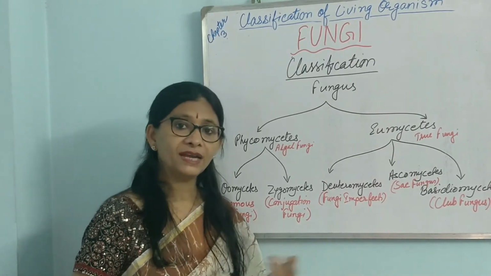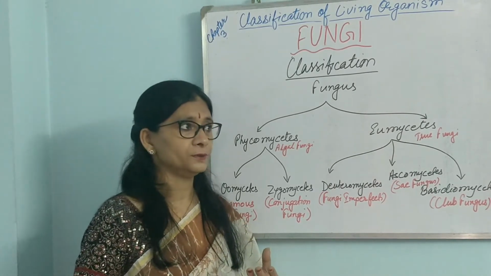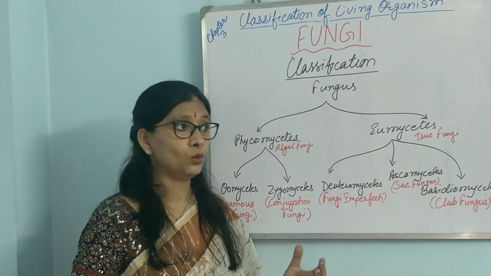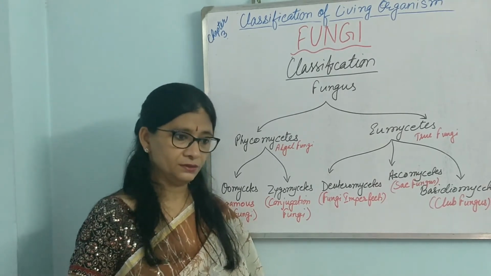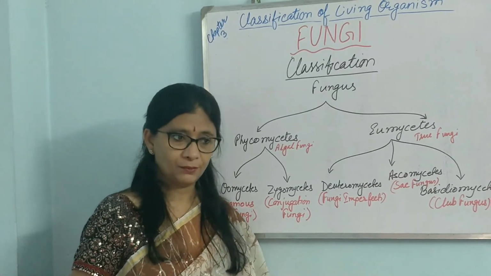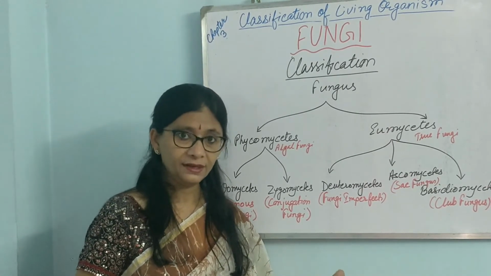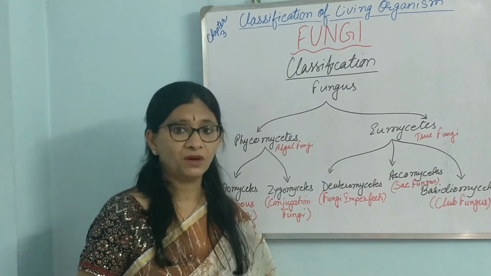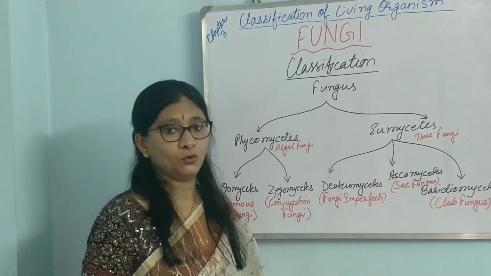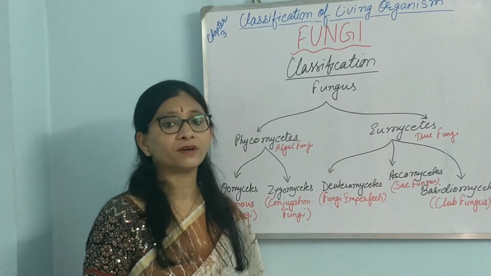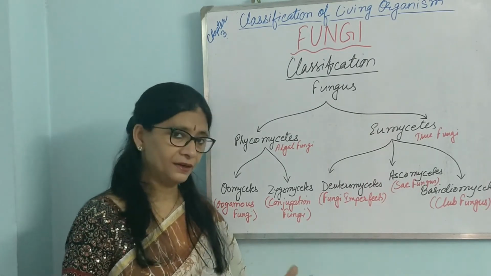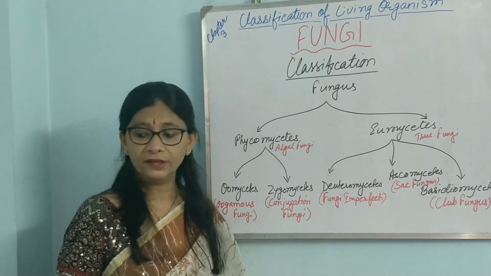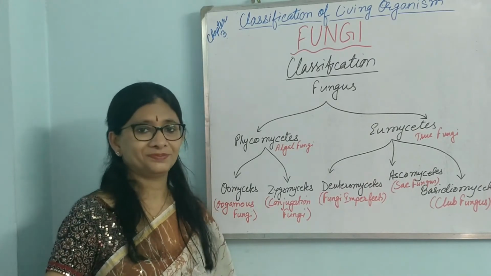The mushroom that we get in the market, or when we go out on a rainy day and see something popping out of the soil, the most prominent fungus, these are Basidiomycetes, most advanced fungus. Now we shall see the characteristic features of all the individual groups.